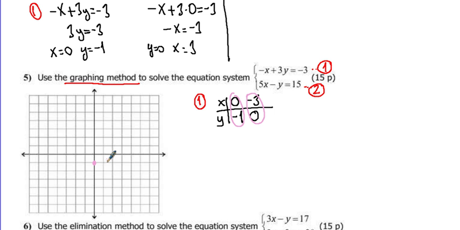And x is minus 3. No, x is 3 actually. x is 3, y is equal to 0. It is not minus. Okay, x is 3, y is equal to 0. And then I will have my first line. Let's draw it.